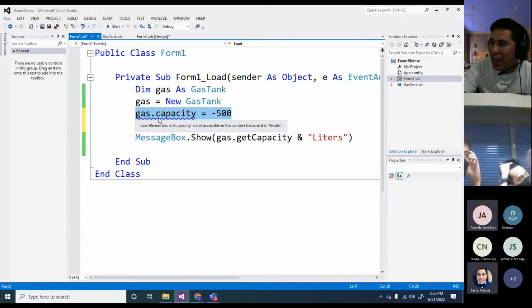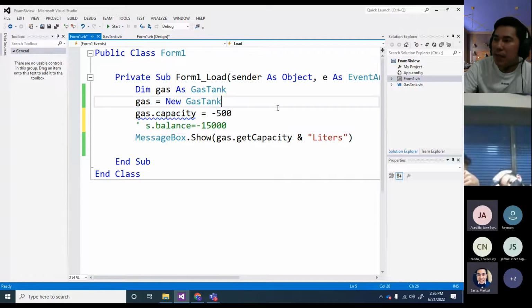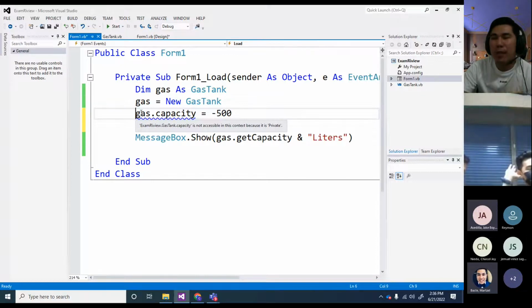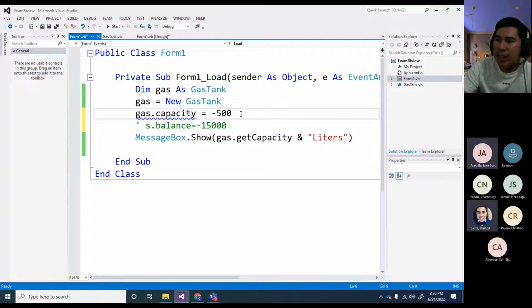Review RI. Anyway, the gas tank capacity is not accessible in this context because it is private. So with that, you prevent the idea of one accessing the property, no? Ma-prevent mo ang idea sa pag-access sa property sa isa ka property sa object.